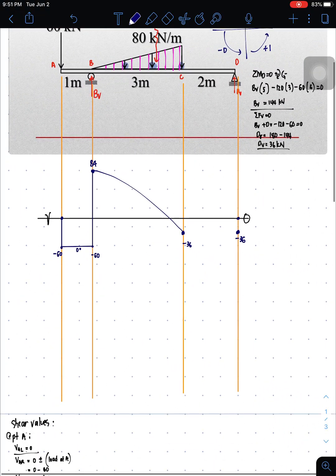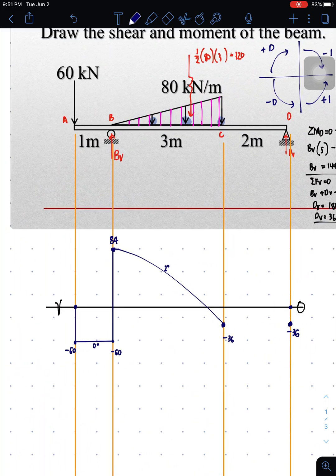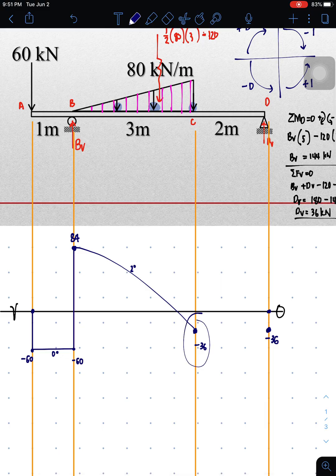Anyway, this is how we plot a second degree line. Second degree line. Okay. Then plotting this one and this, we plot based on what we see in the figure above. And it says there is no load.